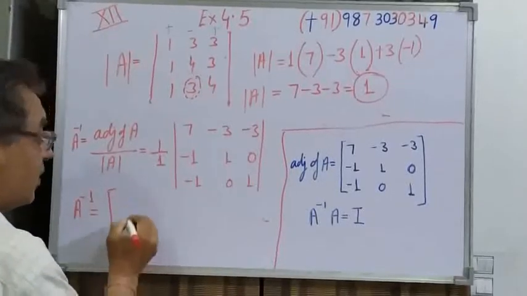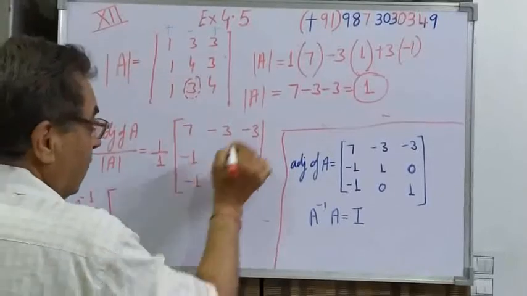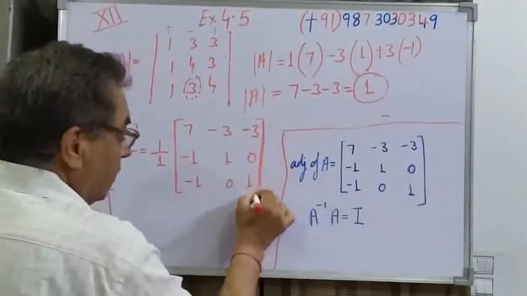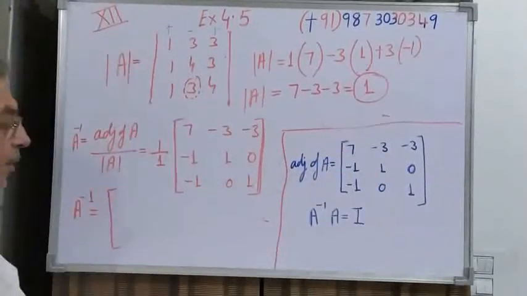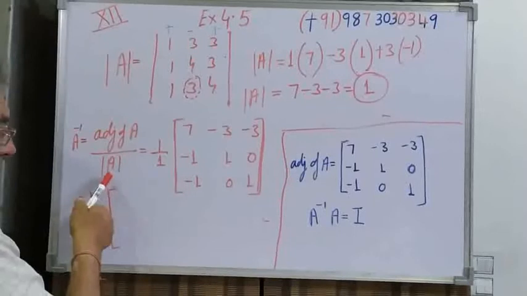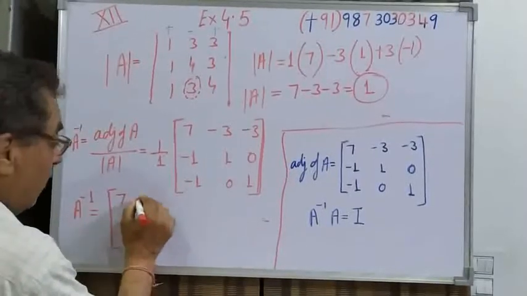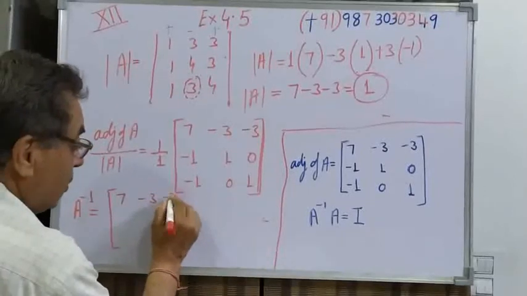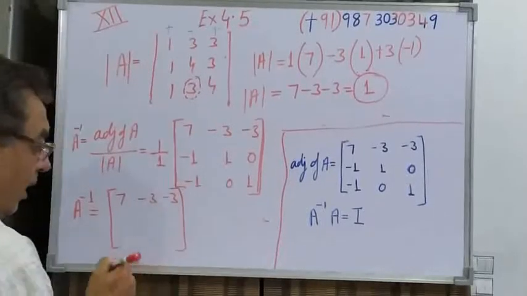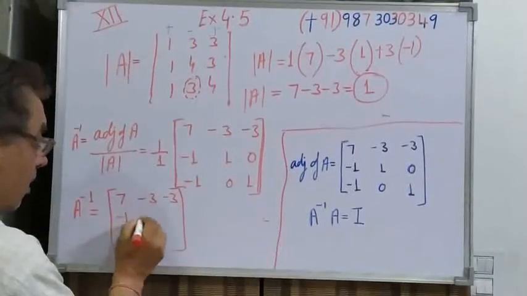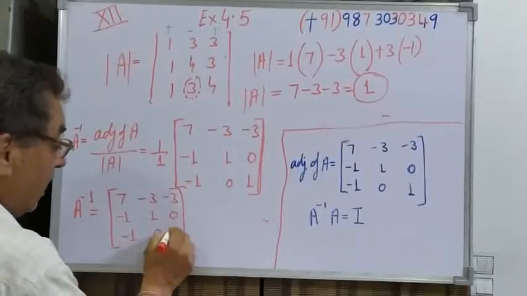Put up the matrix sign. This A inverse is a matrix. Here, this is what we have obtained, adjoint of A. Adjoint of A, determinant of A, 1. So we obtain 7 minus 3 minus 3, and minus 1, 1, 0, minus 1, 0 and 1.